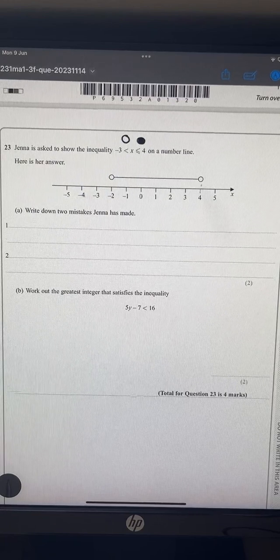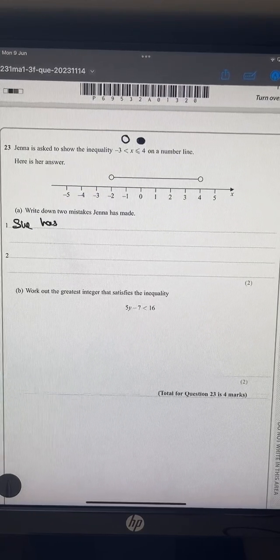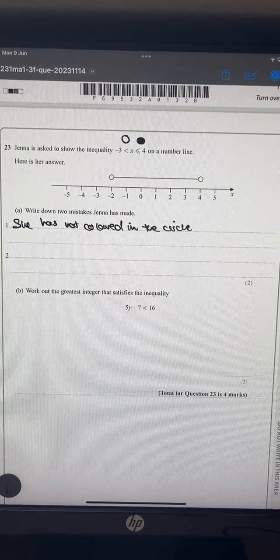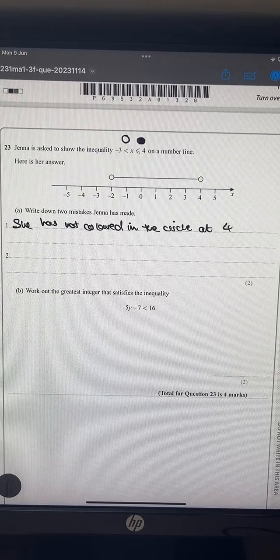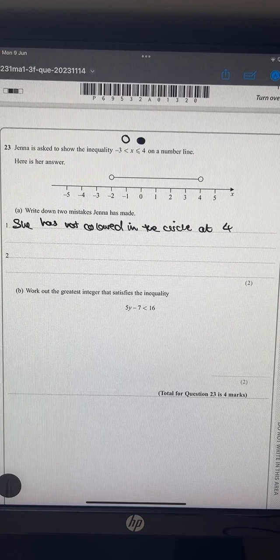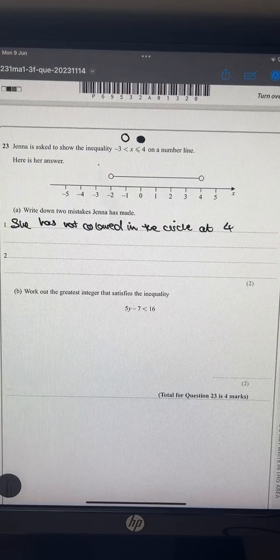So you need to say, she has not colored in the circle at 4. All right, that's one of the mistakes she's made. She's made another mistake. Let's see. -3 is less than that. The circle is good, but the number, whoa, the number is wrong. So this is what her line is meant to look like.